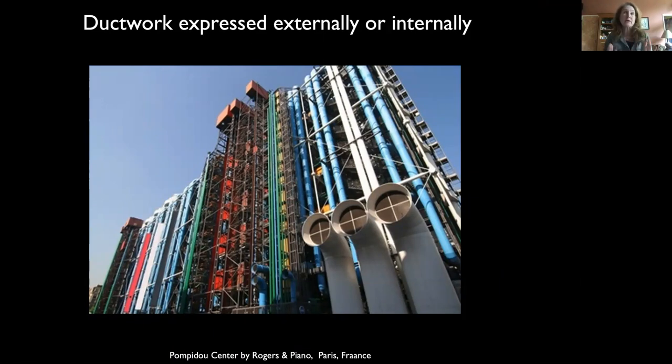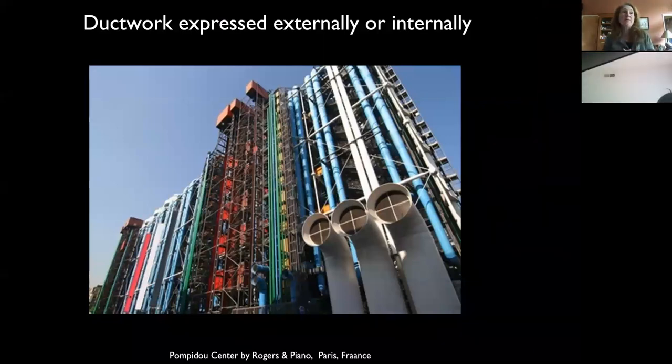tremendous ductwork. There was a question earlier about, are there other buildings that try to use architectural form for revealing distribution? And the Pompidou Center by Rogers and Piano in Paris is a really good example of that one, where it was explicitly going to be a very strong visible characteristic of the exterior and also the interior of the building.